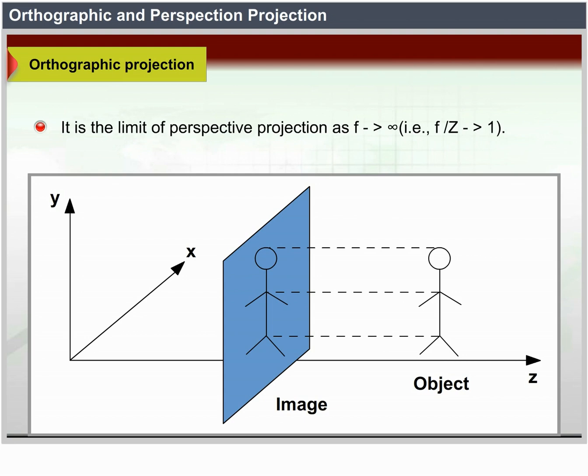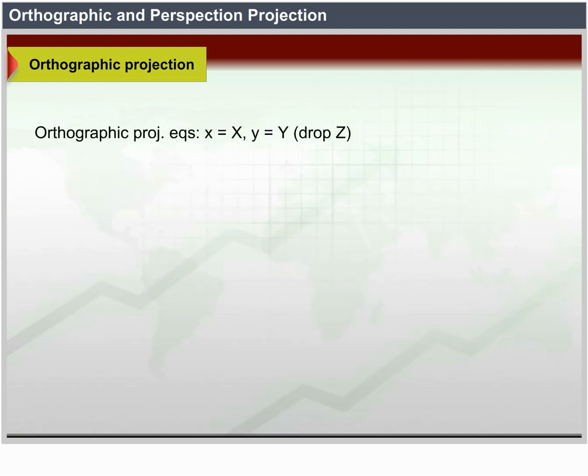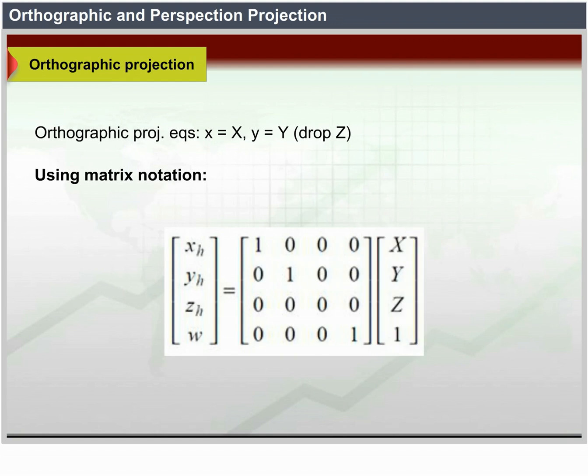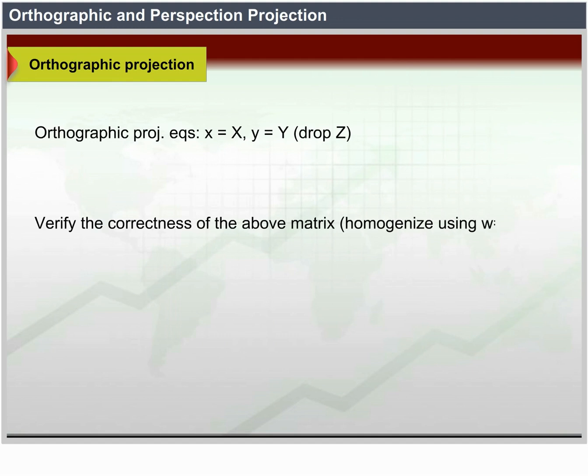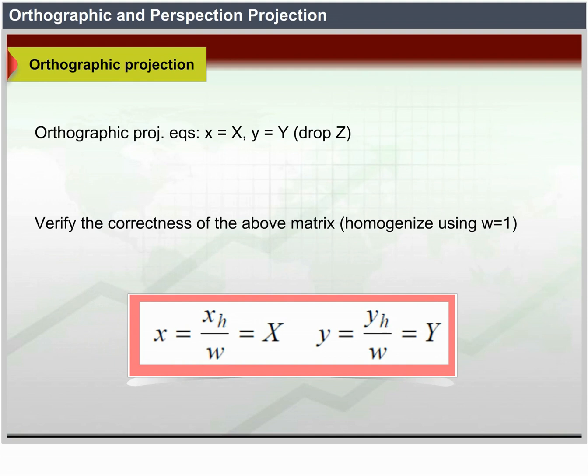Orthographic projection equations: small x equals capital X, small y equals capital Y. Using matrix notation, xh, yh, zh, w equals 1 0 0 0, 0 1 0 0, 0 0 0 0, 0 0 0 1 into x, y, z, 1. Verify the correctness of the above matrix. Homogenize using w equals 1. x equals xh by w equals capital X. y equals yh by w equals capital Y.